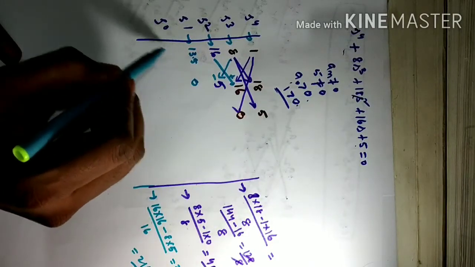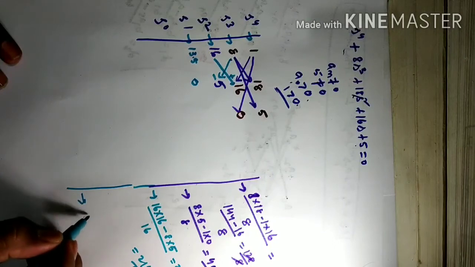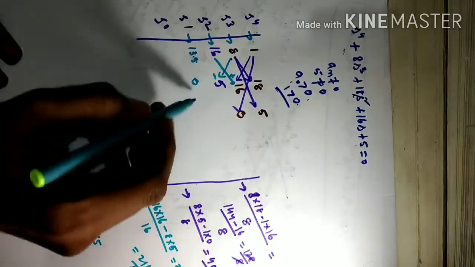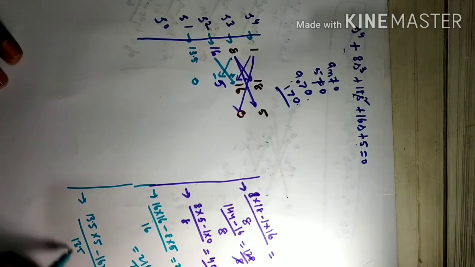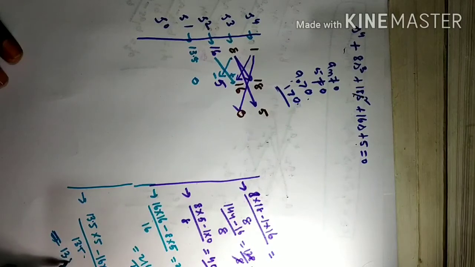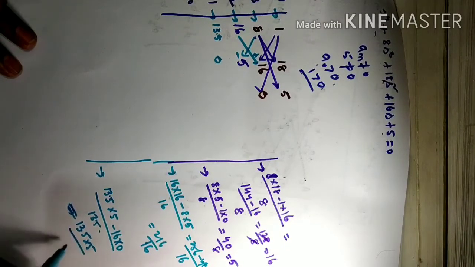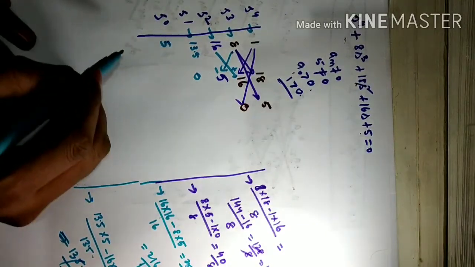So again, to find the S power 0 coefficient, what we do: 13.5 into 5 minus 16 into 0, by 13.5. So 13.5 into 5 by 13.5 is equal to 5. This is the 5 we got.